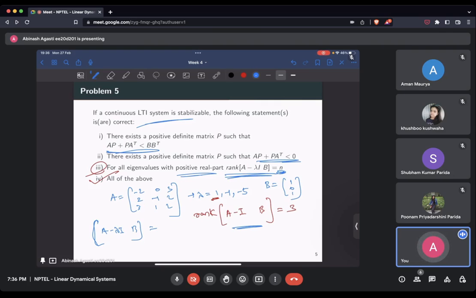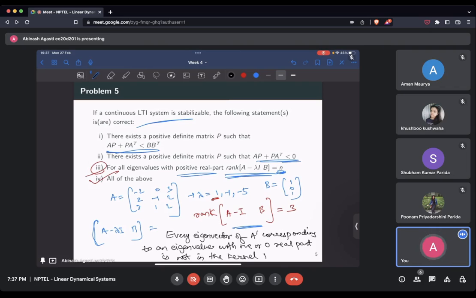I'll write down one more test for stabilizability, which essentially says that every eigenvector of A transpose corresponding to an eigenvalue with positive or zero real part is not in the kernel of B transpose. Okay, this is another equivalent test.